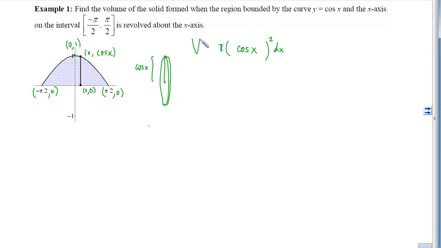In order to get the volume of the entire region, we are going to add up all of those slice volumes and let x go from its lowest possible value to its highest possible value. Now bear in mind that we could have also used the symmetry of this graph and simply double what we get going from 0 to pi over 2.